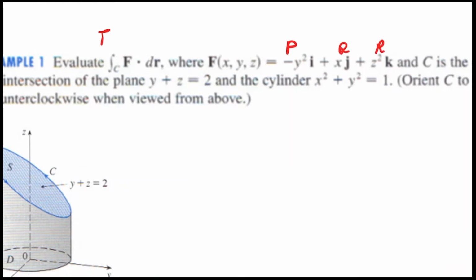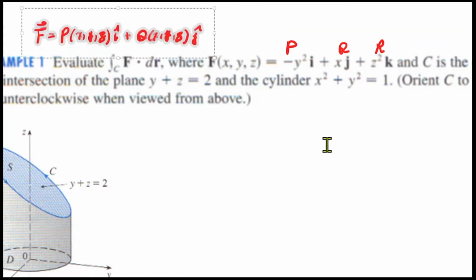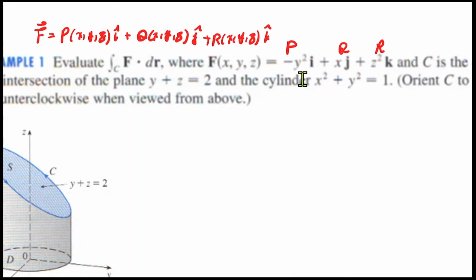So our vector F, which is a function of x, y, and z, is P of x, y, z i vector, plus Q of x, y, z, not enough space, j vector. Why do I never give myself enough space? And plus R of x, y, z, potentially all three variable functions, k vector, is what my F is. Okay, this is P, Q, R in our case.